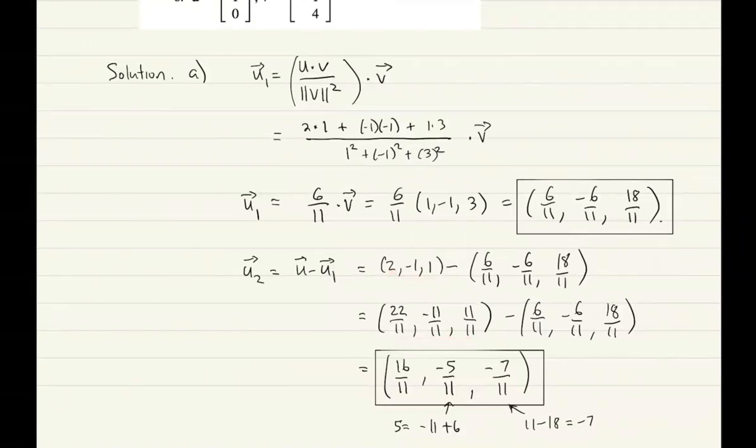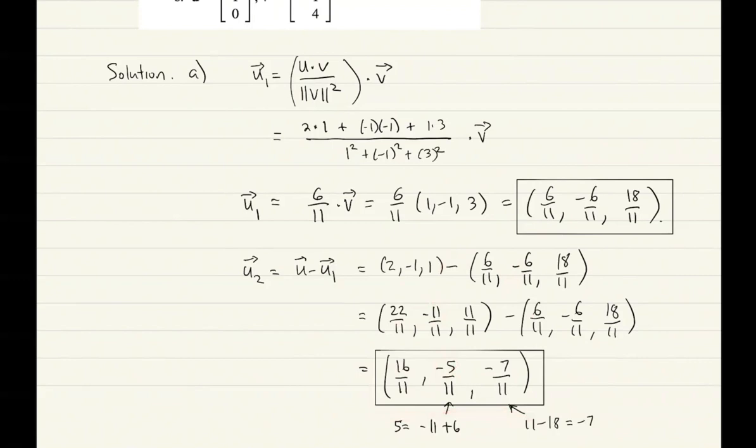And so 2 is 22/11. Then subtracting off the 6 over 11, 22 minus 6 is 16. For the next component, -11, you have to be a little careful about the signs here. -6 and then minus -6 there is +6. -11 plus 6 is -5, and so on. Anyway, we get this as the final answer for U2.